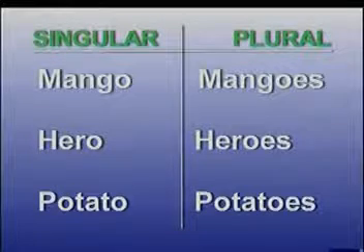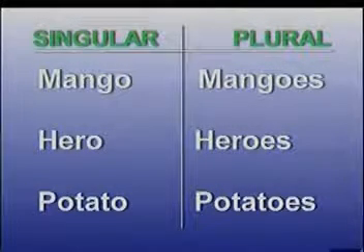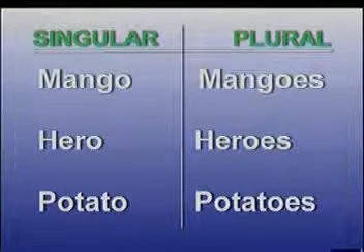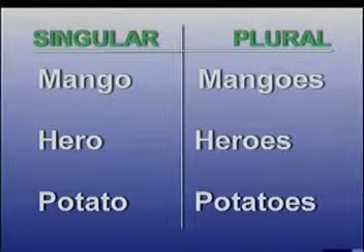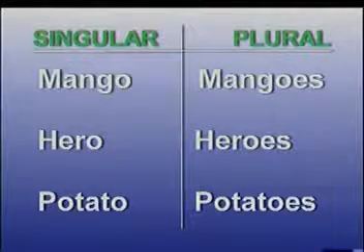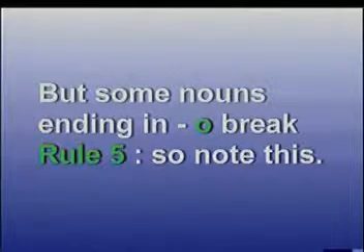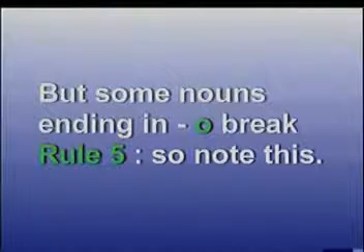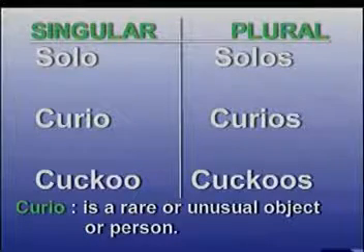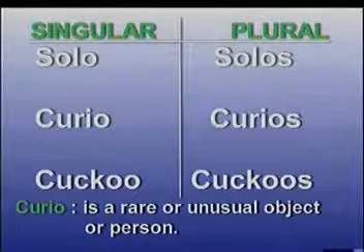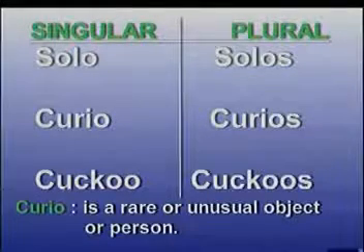Examples: mango, mangoes; hero, heroes; and potato, potatoes. But some nouns ending in o break Rule 5, so note this. Some examples of nouns which do not follow Rule 5 are swallow, swallows; curio, curios; and cuckoo, cuckoos.